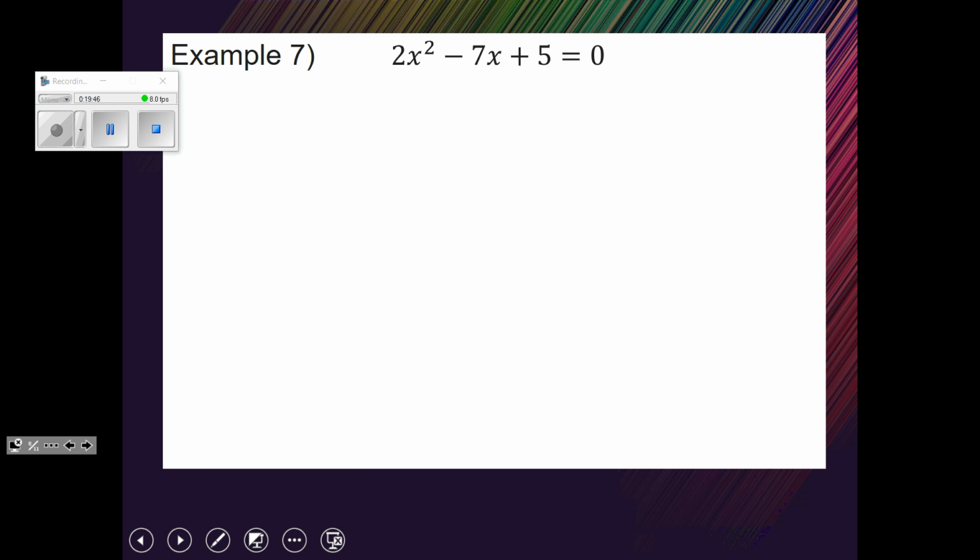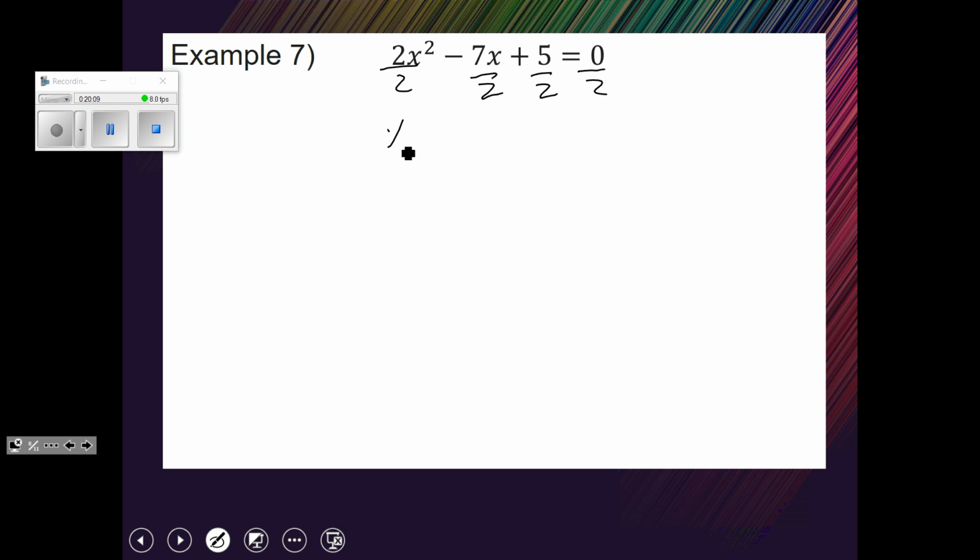Okay, so before we went to lunch, we discussed that when solving using completing the square, first thing, it's got to be set equal to 0. Second thing, the coefficient of the x squared term, the leading coefficient, has to be equal to 1. So when you have a coefficient in front, the very first thing that needs to happen is you need to divide by 2.